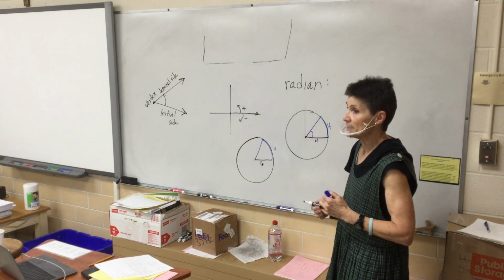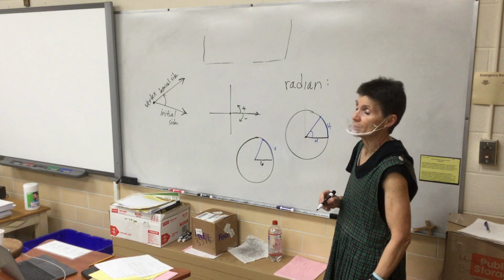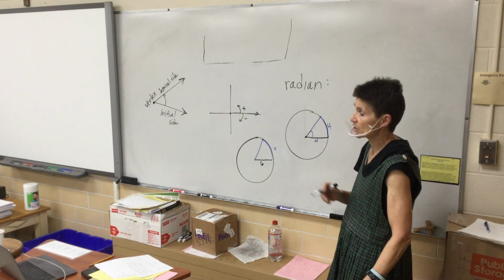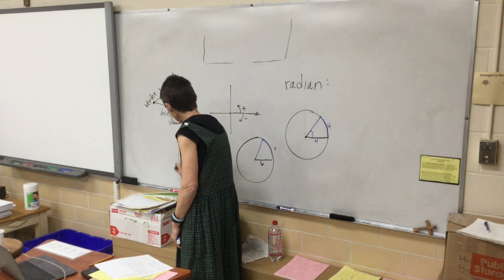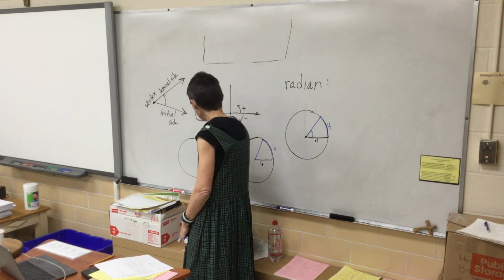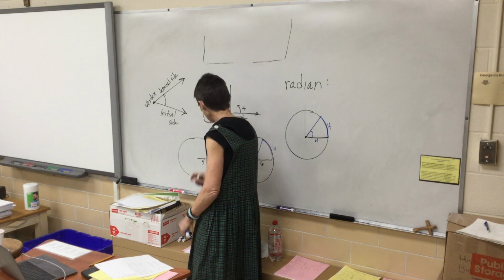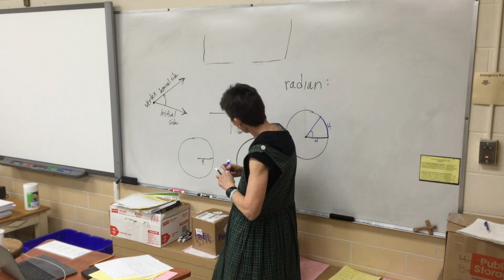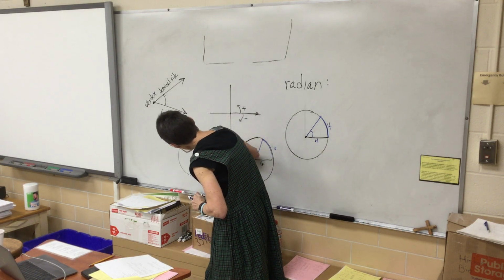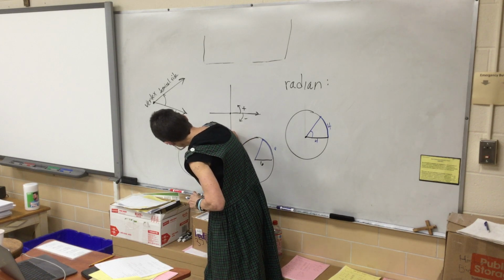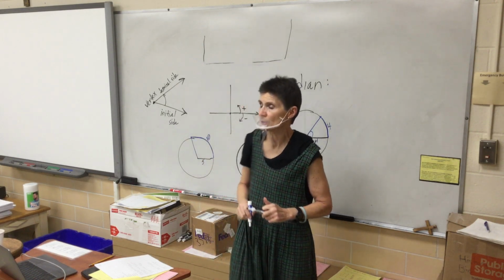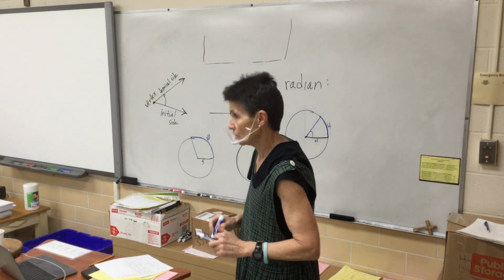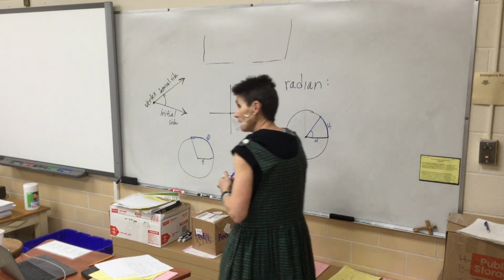Well, this concept leads to a really, really important little formula. It's so simple, but it's important. What if I had a circle, and let's say the radius is 5. What if I struck an arc that was 10 units long? How big would that angle be if the arc was 10 units long? 2 radians, right?